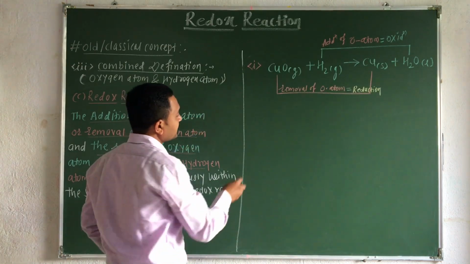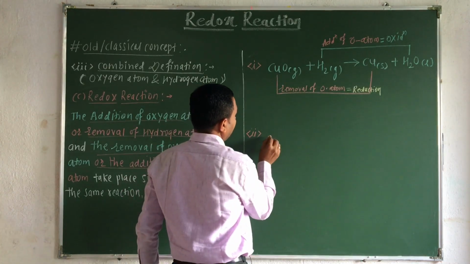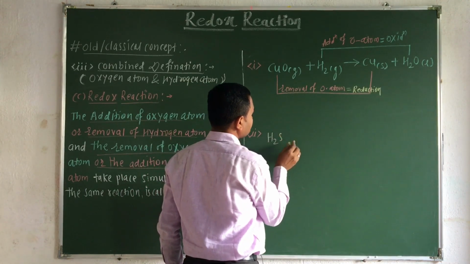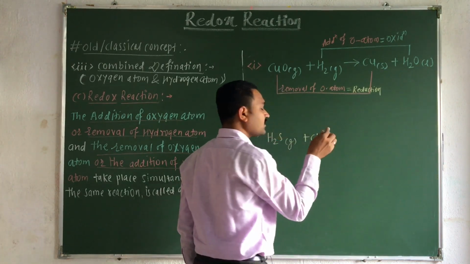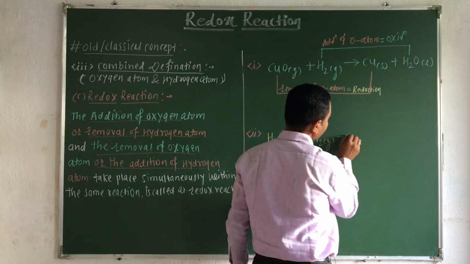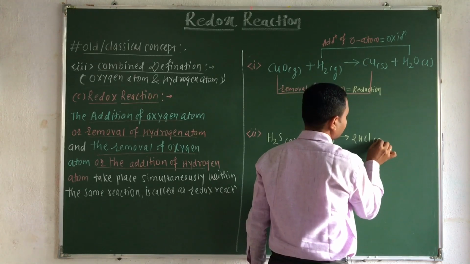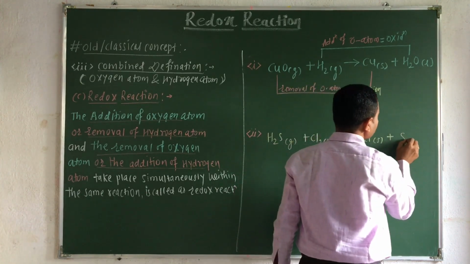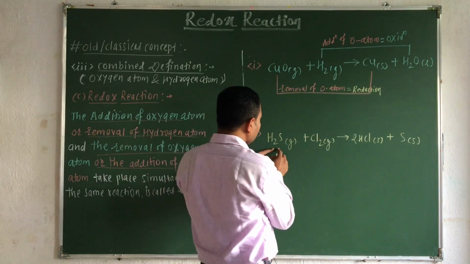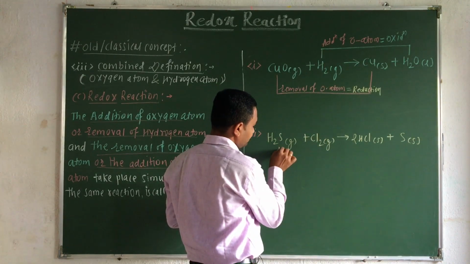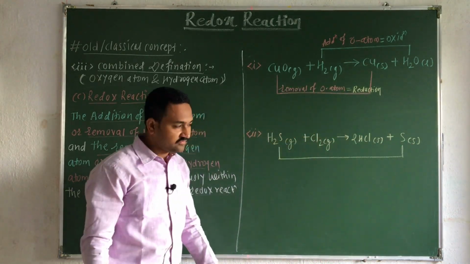Let us consider the second example. For example, H2S, hydrogen sulfide, plus Cl2 gas gives 2HCl plus sulfur in solid state. Remember, H2S is converted into solid sulfur.